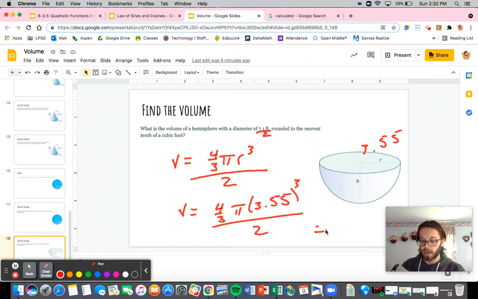Now I get 187.4. Now I got to divide that by 2. I get 93.7 feet cubed. And there you go.